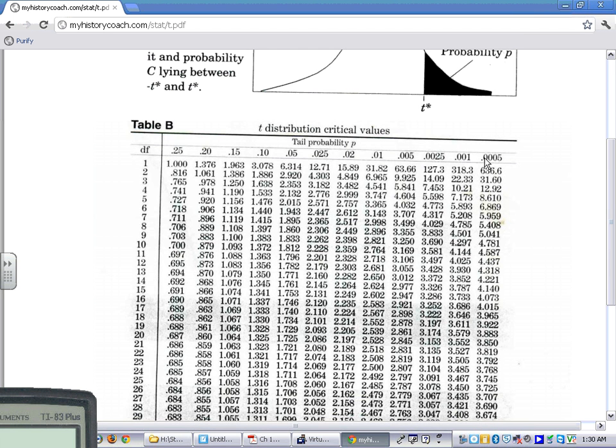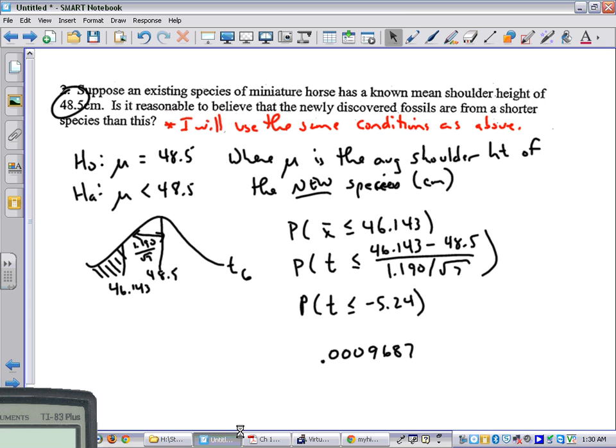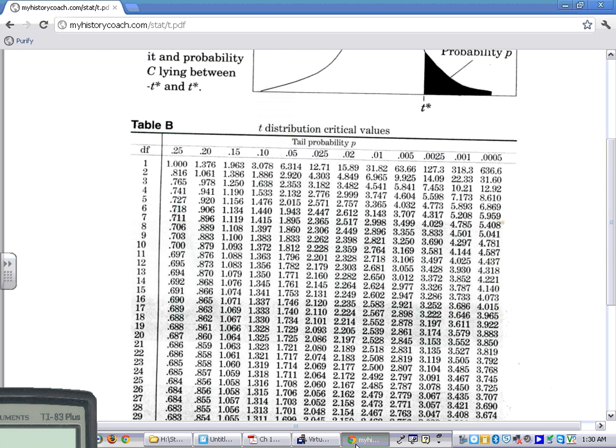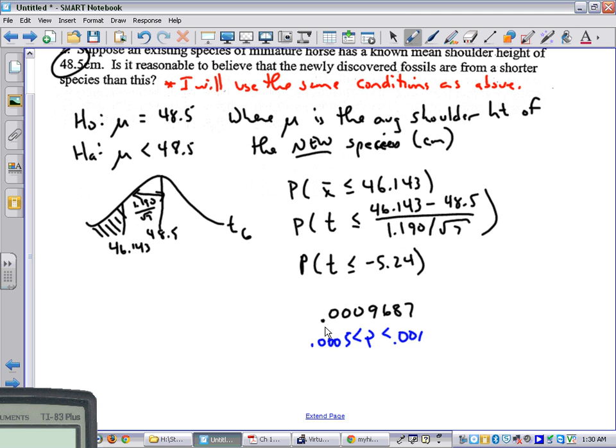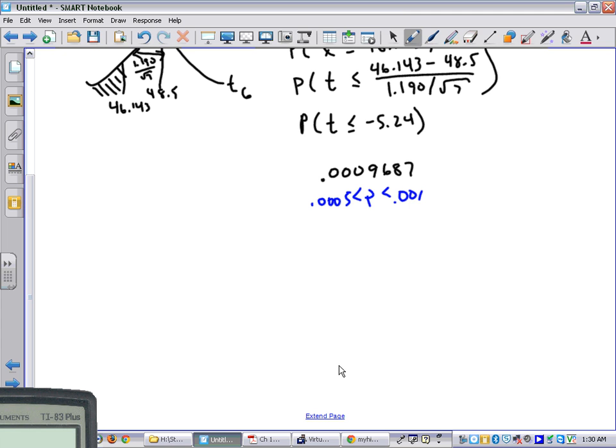And so if you were doing that, you could actually write that your p-value was between, let's see what it was again, 0.0005 and 0.001. And you could write that either way, because either way, with such a small p-value, and let's just use an alpha of 5%.